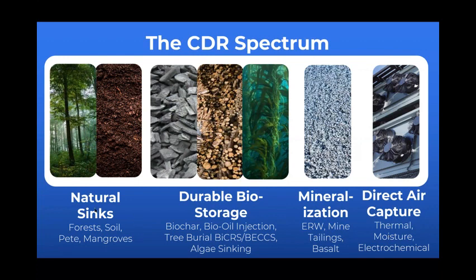But you can see just having forests and peat and mangroves. There's this thing called biochar. You can just bury trees. You can let algae or seaweed sink to the bottom of the ocean.